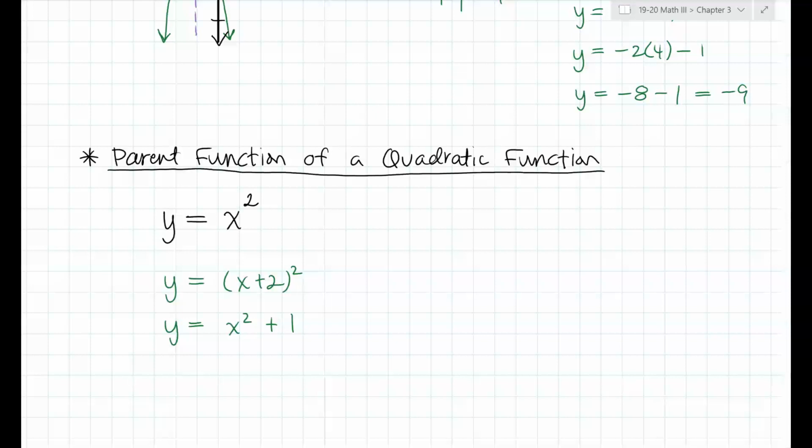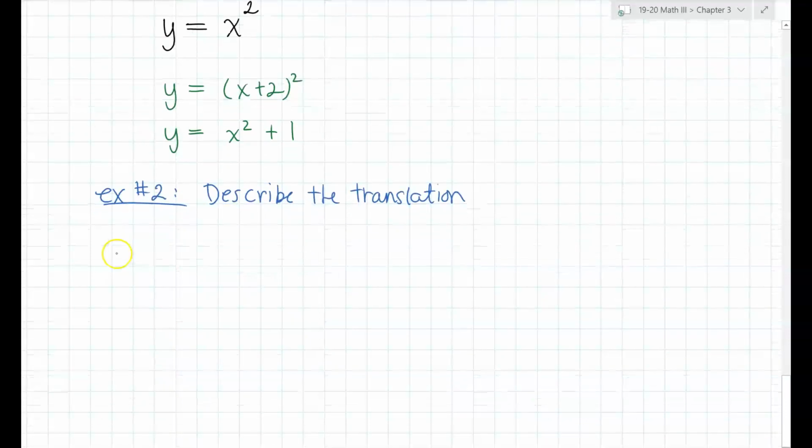So just to give you a real quick example of this, I'll do 2 of them, but it won't take too long. I'm just going to say describe the translation. So describe the translation. Here's one of them. Let's say y equal to (x minus 2) squared plus 4.